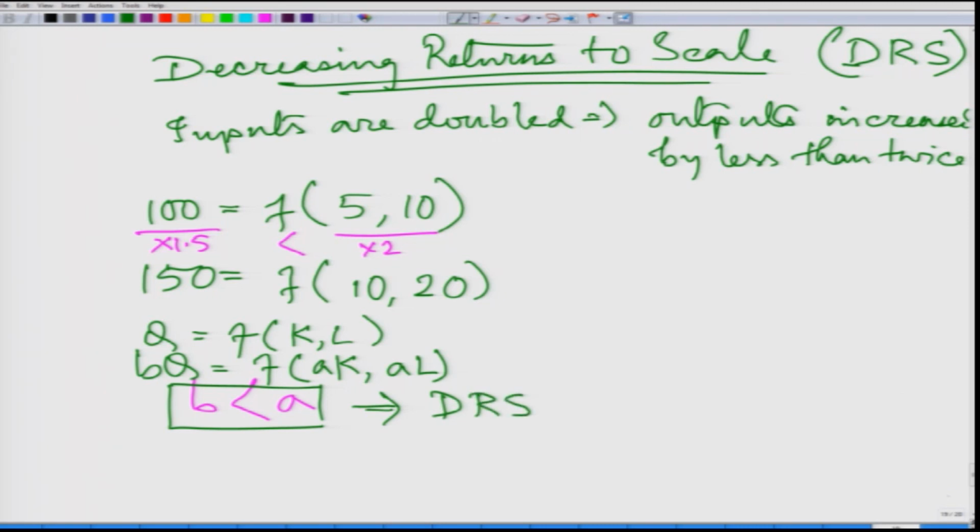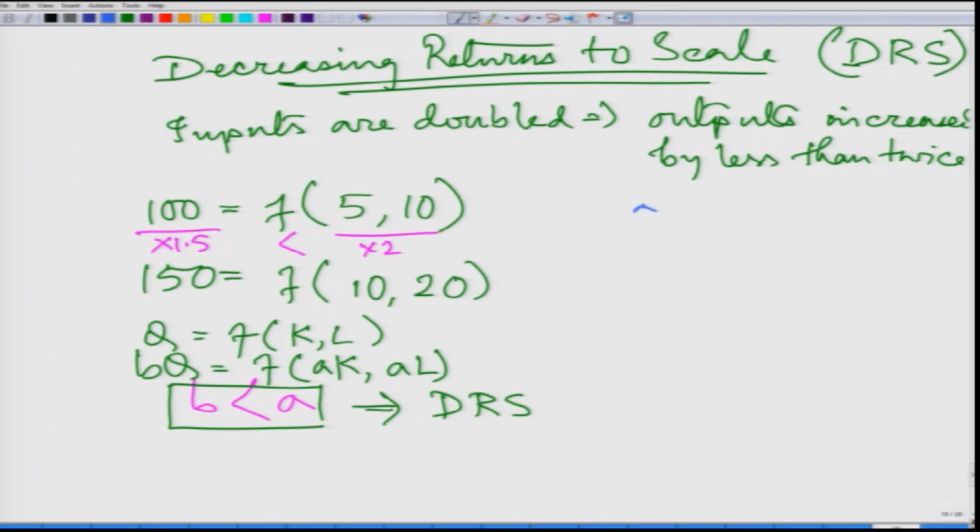That means my output is not increasing at the level it was supposed to increase, or at the same rate.